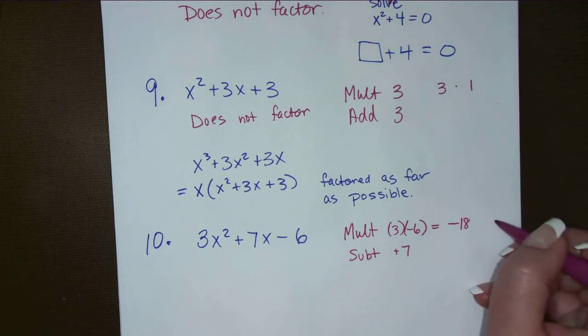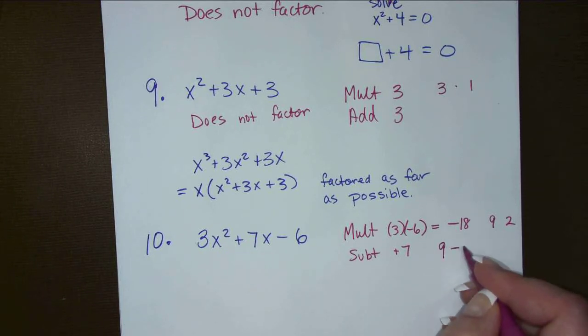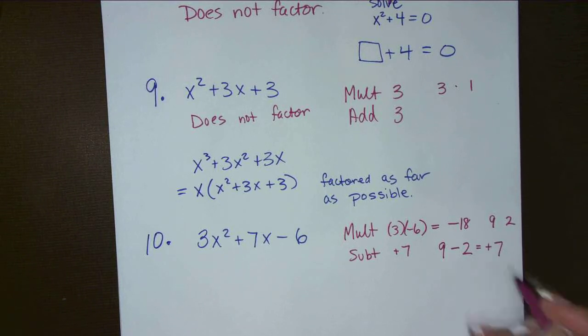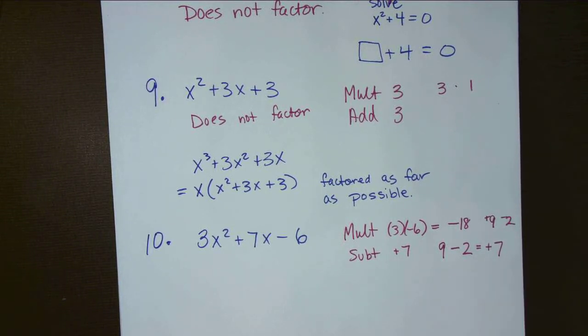All right, so we're saying 9 and 2. Don't put the signs on, just put the numbers. We want them to subtract to give a positive 7. So the bigger one has to be positive to get a positive answer. So 9 minus 2 gives positive 7. And that would be positive 9 and minus 2.